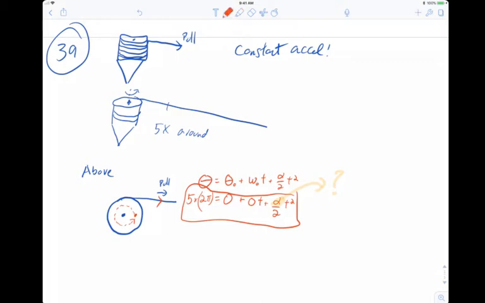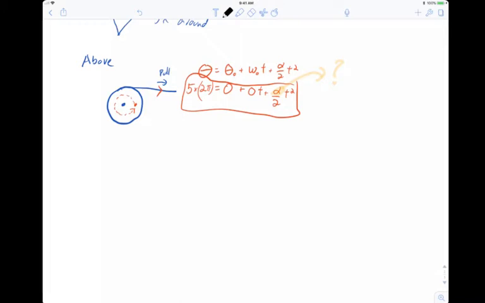To do that, I have to use Newton's law of rotational motion. In other words, torque divided by moment of inertia is equal to the angular acceleration. So I need to start by finding the torque.